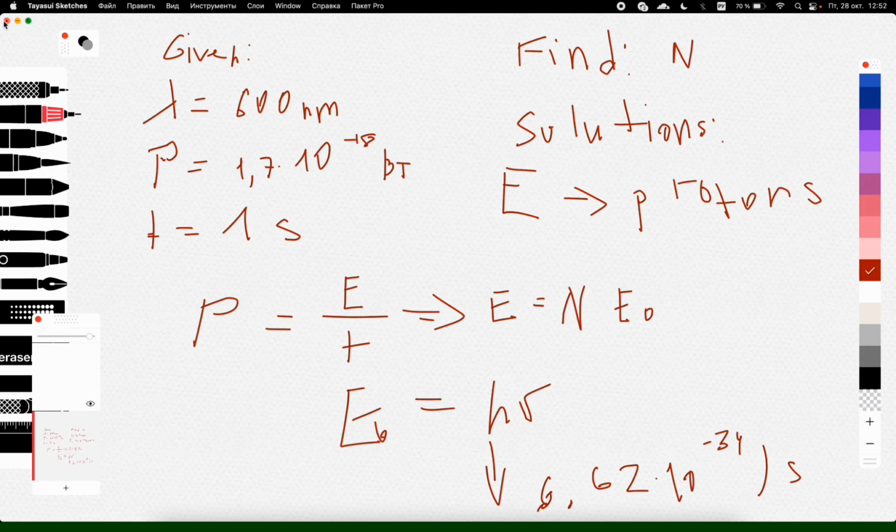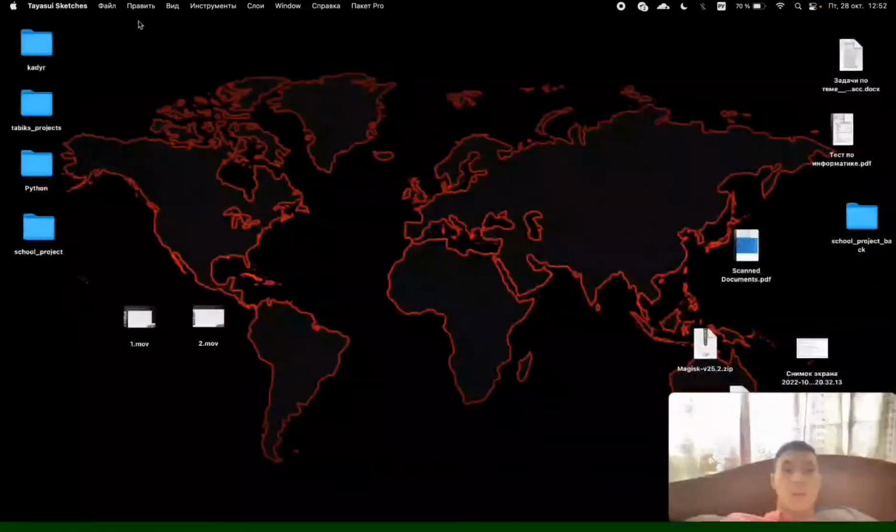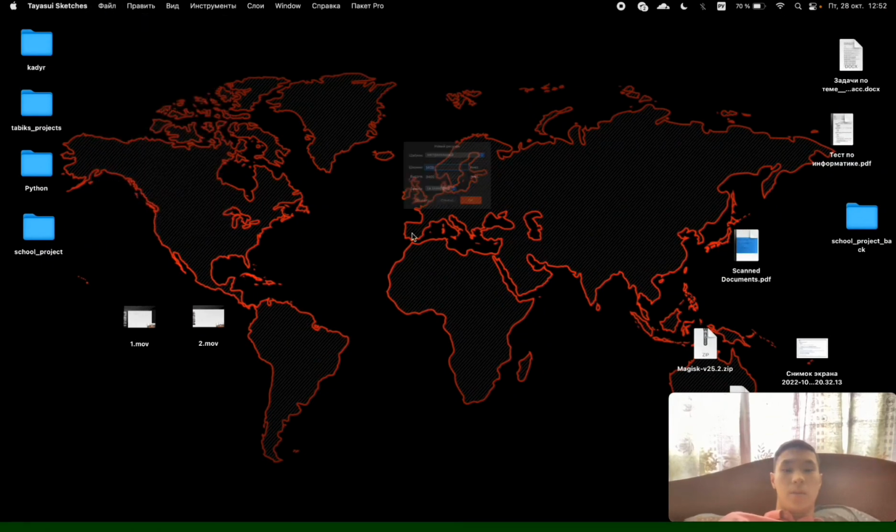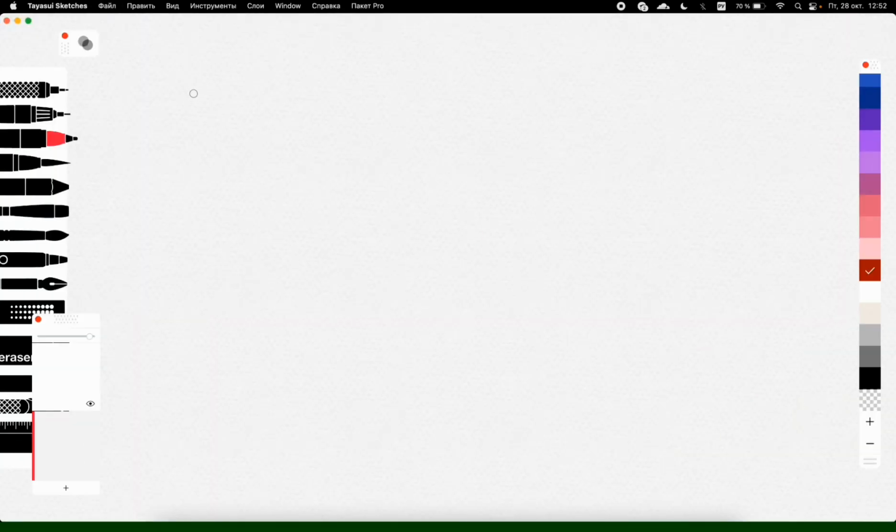We know from our previous problems that the frequency equals c divided by lambda. Let us first substitute into the formula, and the result obtained after that into the next formula.